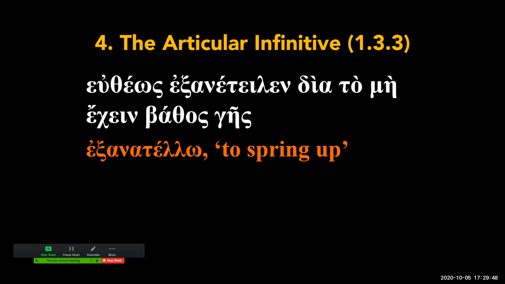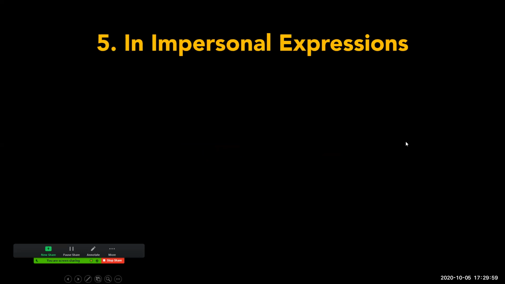We have to kind of paraphrase in English: because it did not have depth of ground, or it did not have enough depth to grow. The stones had just gone a little bit down, a little bit of dirt on top.